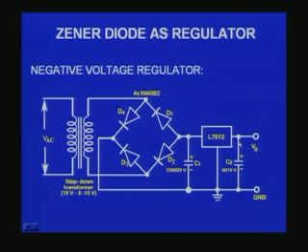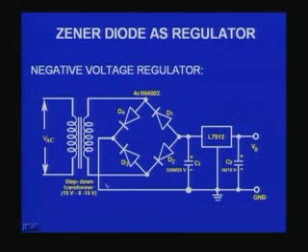We can also design a regulated power supply with negative output voltage. You require both types of power supplies. So here, for example, again you have a transformer and a bridge rectifier, but in this case you use an IC regulator which is a negative regulator, and it is 7912. 7812 is a 12 volts regulator, 7912 is a negative voltage regulator, and you should remember the positive end is connected to the ground, and the negative end is connected to the IC.